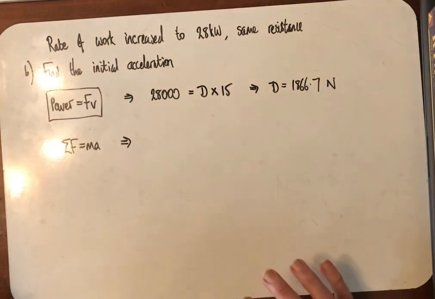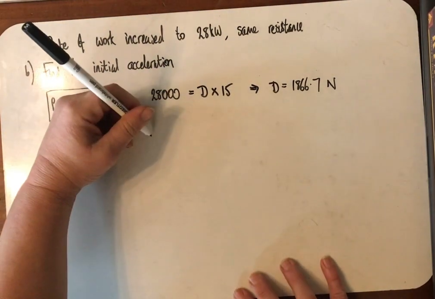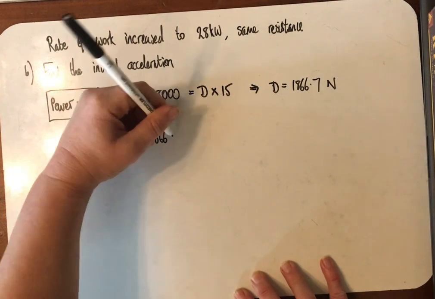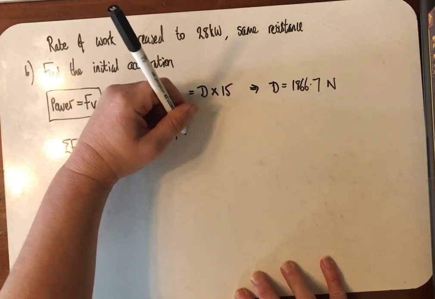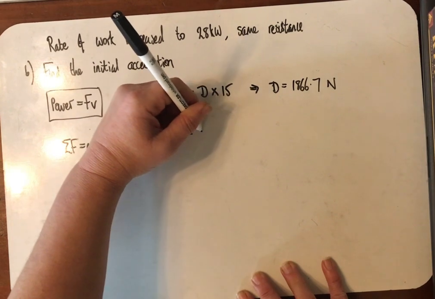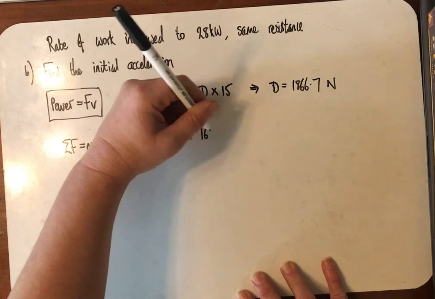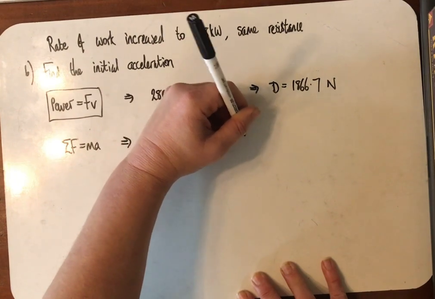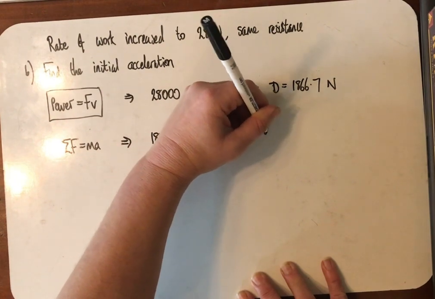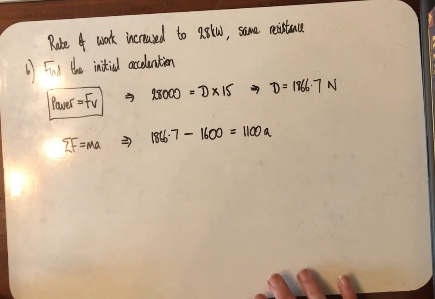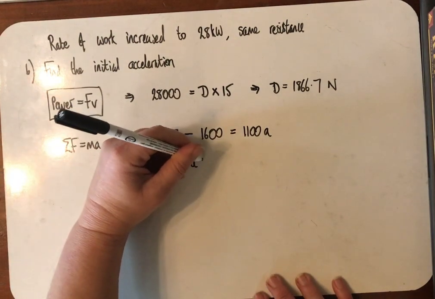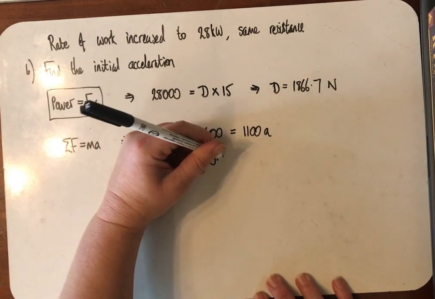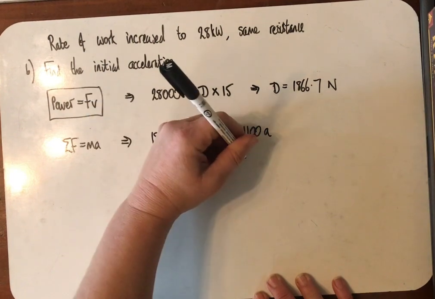And then we've got the driving force of 1,866.7 newtons acting up the slope, and that's equal to the mass times the acceleration. And that gives you an acceleration of 0.242 metres per second squared.